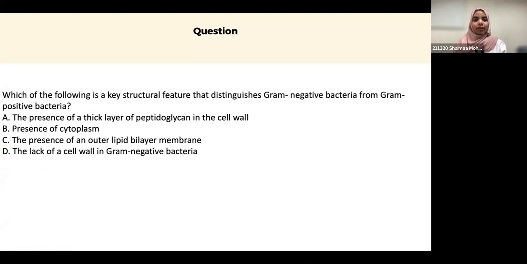The next question: which of the following is a key structural feature that distinguishes gram-negative bacteria from gram-positive bacteria? C. Why not A?